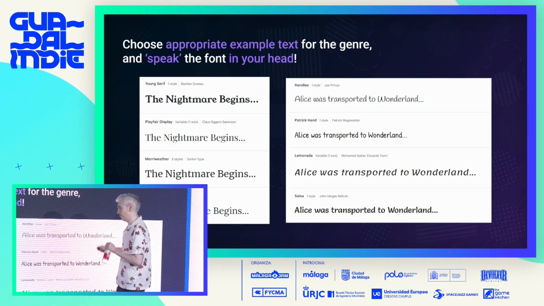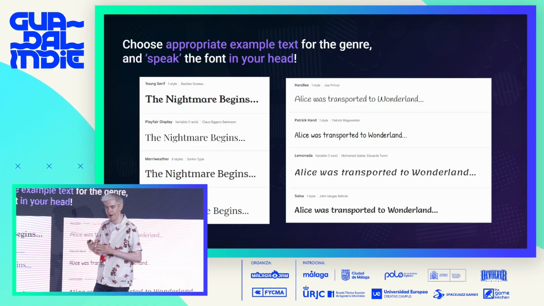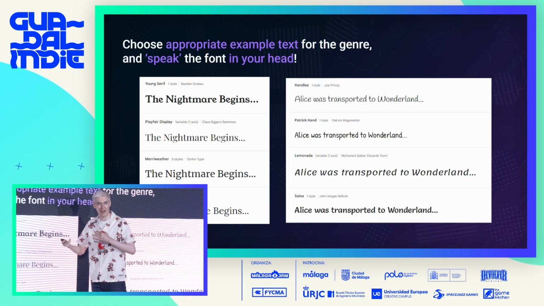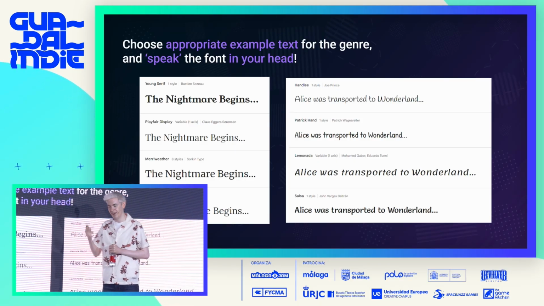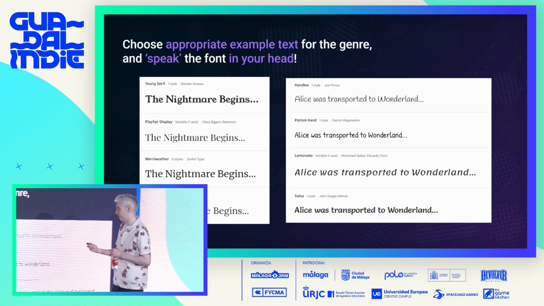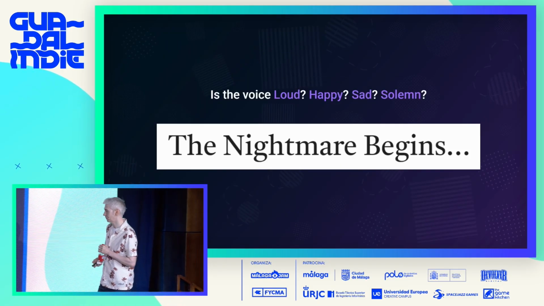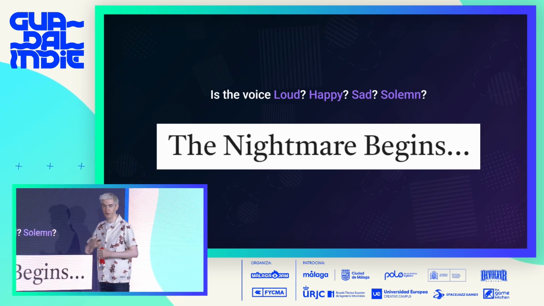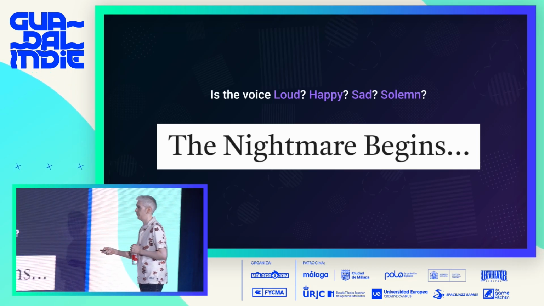I know it sounds a bit strange, but this one might sound a bit more formal, like "The Nightmare Begins," kind of thing. Whereas this one is bold, so it's maybe a little bit louder, like "The Nightmare Begins!" So read it out in your head, and that's a really good way of gauging the tone of the font that you're choosing. And is the voice loud, happy, sad, solemn, well-spoken, all that kind of stuff. So yeah, it's a really good way of choosing your fonts.